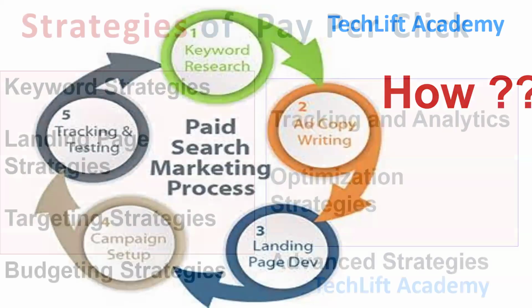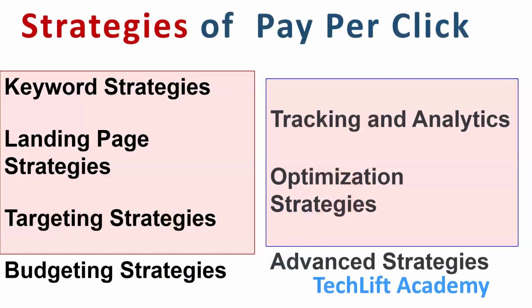We are on pay-per-click. Then we need to understand these strategies as digital marketers in this strategy of pay-per-click. Which strategies can you use? Keywords, very important. Which words depends on your campaign goals, landing page strategies, and then whom are you targeting?